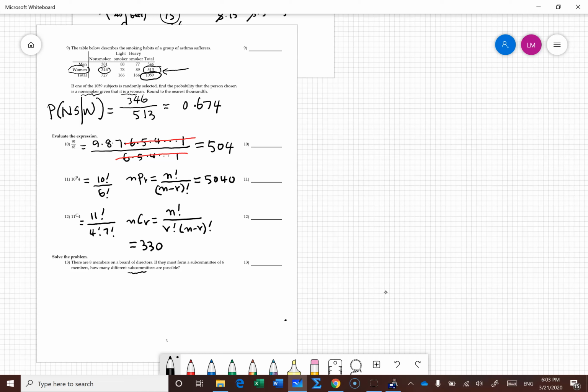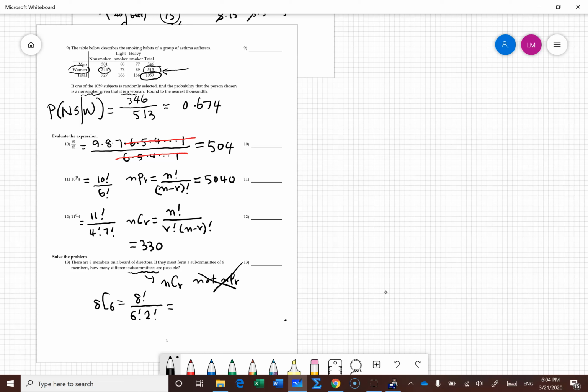Whenever you see the subcommittee, that means nCr, not nPr, okay? Whenever you see the word subcommittee, it is out of 8, choose 6. This is actually 8 factorial over 6 factorial, 2 factorial.